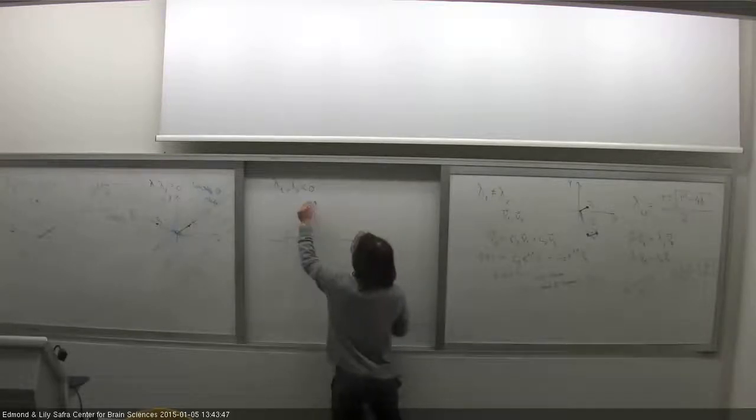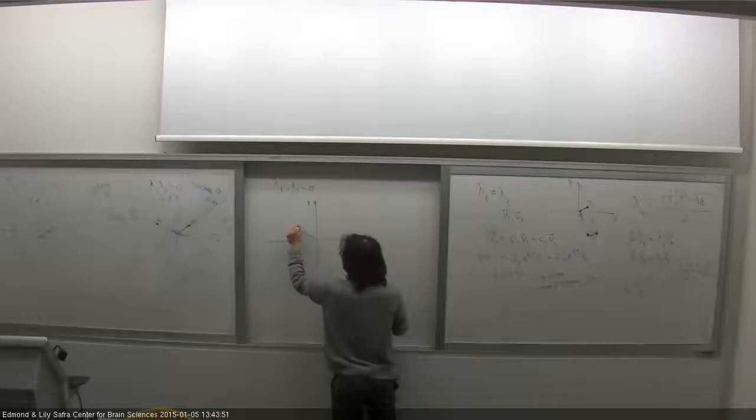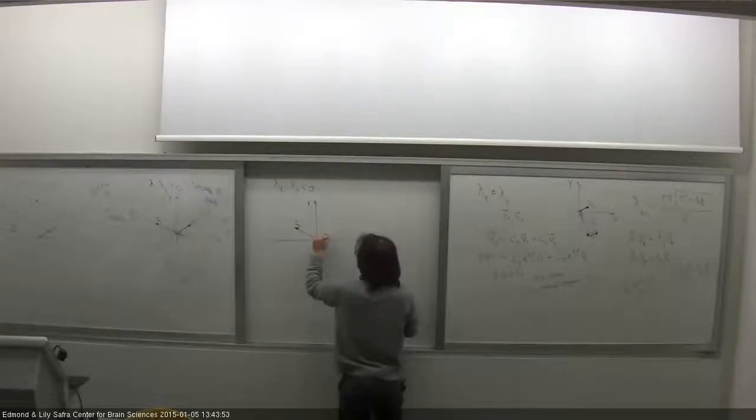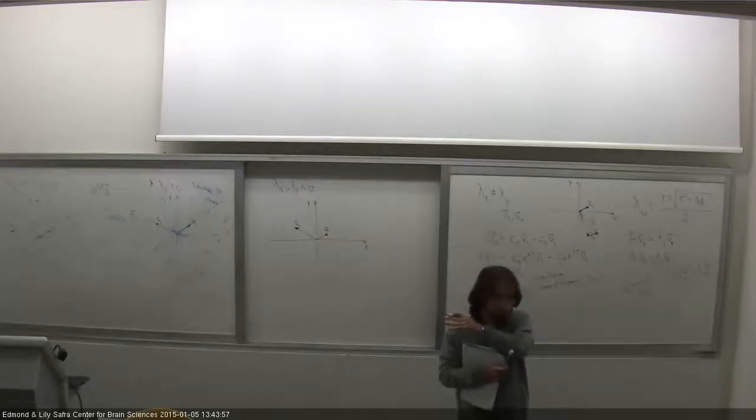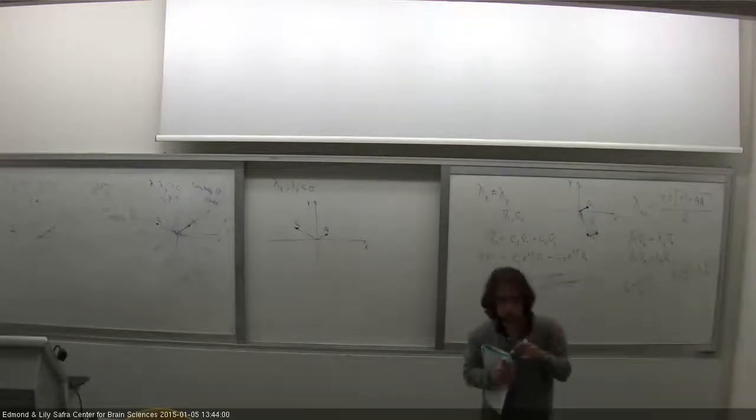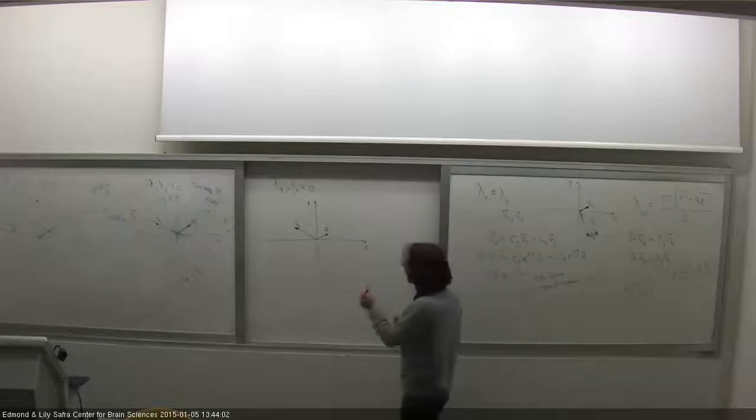Okay, now what should I draw here? Both eigenvalues negative, going in, right, along both eigendirections.